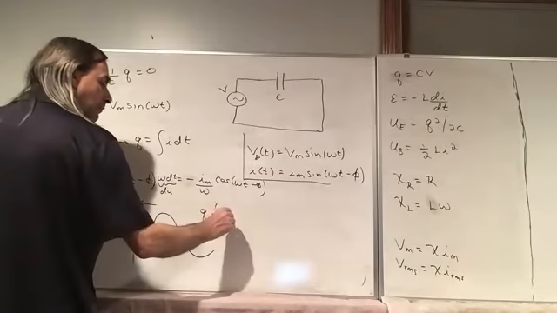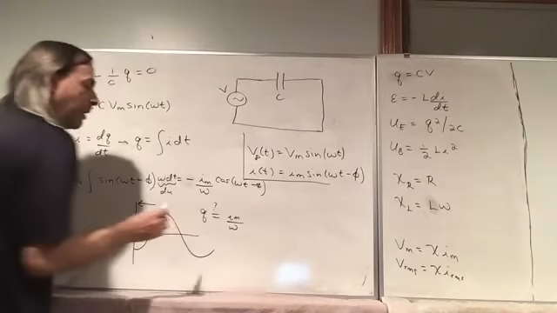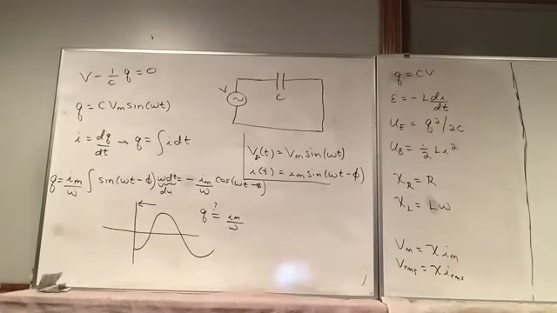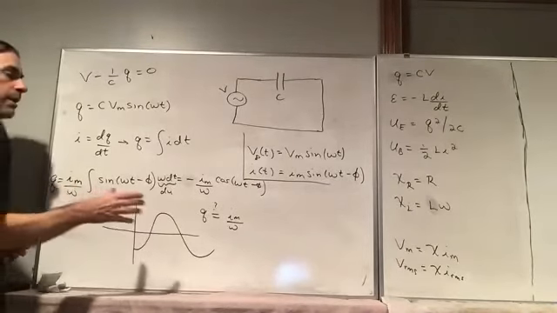Oh wait, yeah, cosine omega t minus phi. We want to convert that to sine omega t minus phi. So yeah, I believe that cosine omega t minus phi. Oh wait, yeah, I'm doing it wrong again. I think we want to go the other way. So let's think. We want to convert.